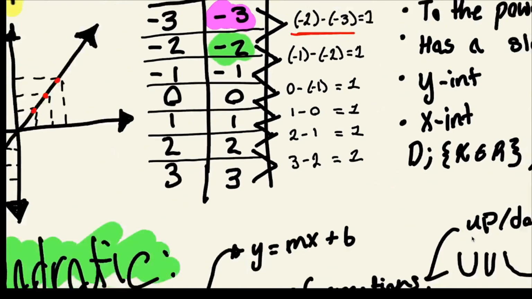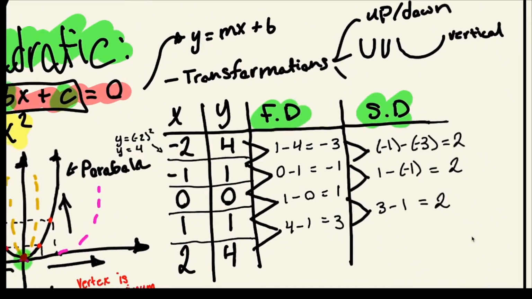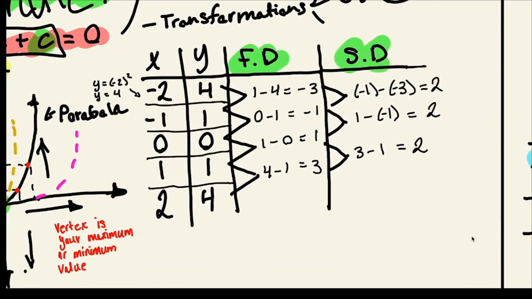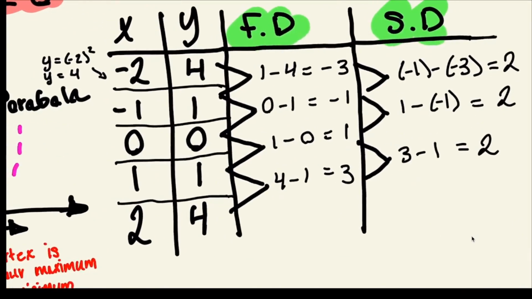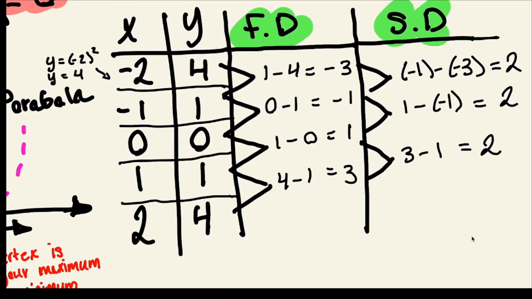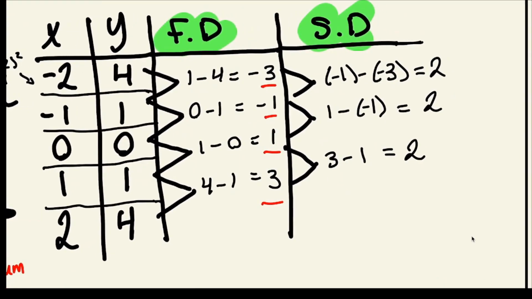And for quadratic, there's things called second differences. So here, what you have to do is calculate the first difference. You do 1 minus 4, 1 minus 0, 4 minus 1, right? So here we are left with -3, -1, 1, and 3. If we calculate the second difference, it follows the same pattern.